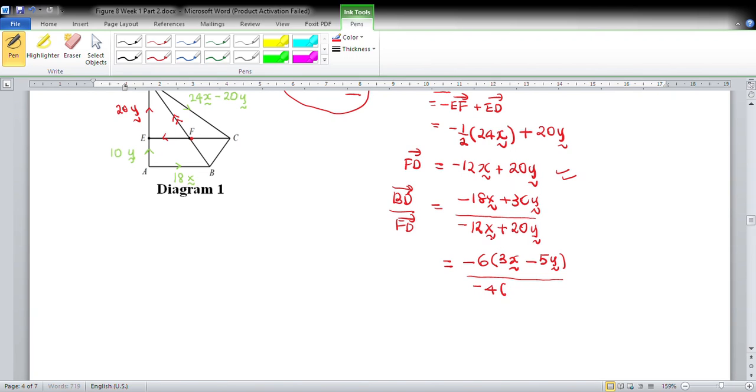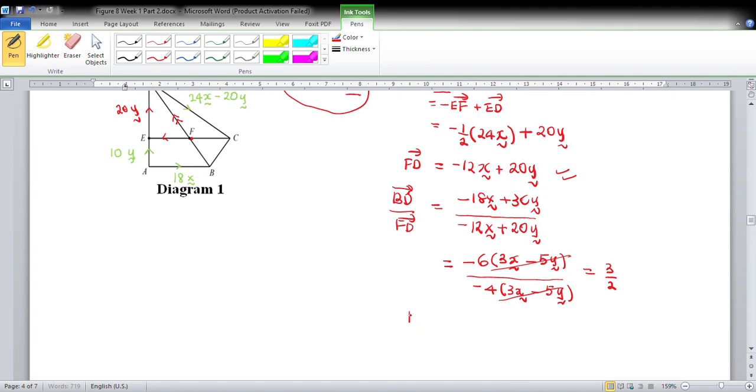Again, negative 4 times 3 is negative 12, and negative 4 times 5 is 20. When I write it this way, I can cancel this, and I have negative 6 over negative 4, which simplifies to 3 over 2.